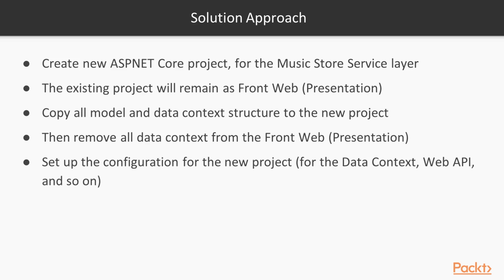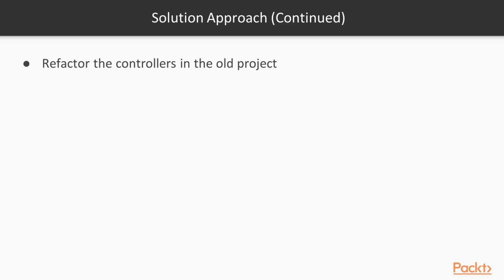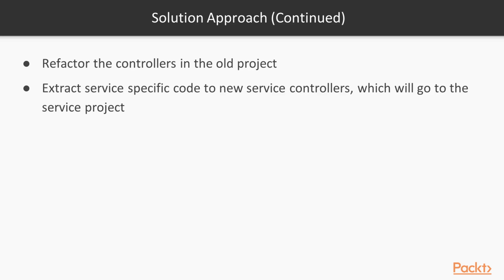We'll set up the configuration in the new service layer project, of course, for the data context, because this project will call the database directly, but also for configuring the web API, the MVC pattern, and so on. So now we'll refactor all the controllers in the old project. We'll take out the business logic code and form the three new controllers within the service API project.